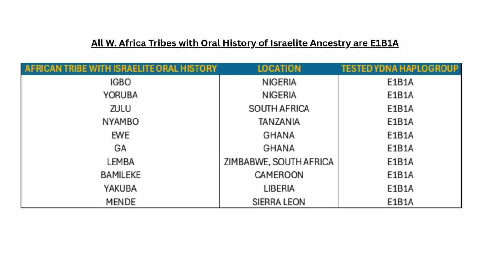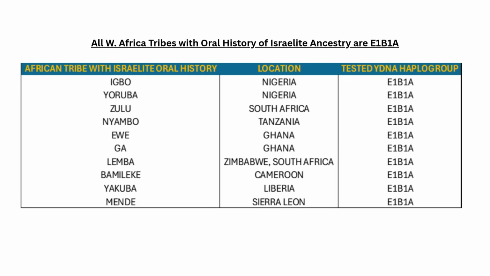So when I make reference here to oral history, what I mean is that at least some groups within the tribe have retained that oral history of having ancestry from the 12 tribes. And the oral history will generally talk about how they migrated to wherever they're located.